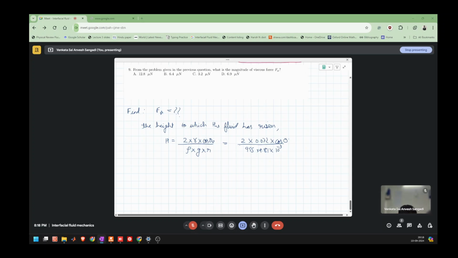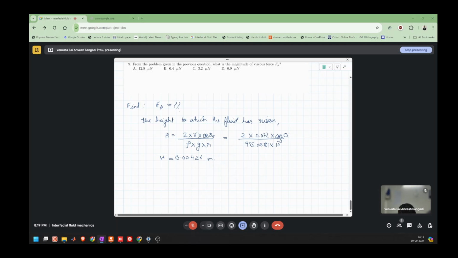So now we get the height to be 0.00426 in meter.